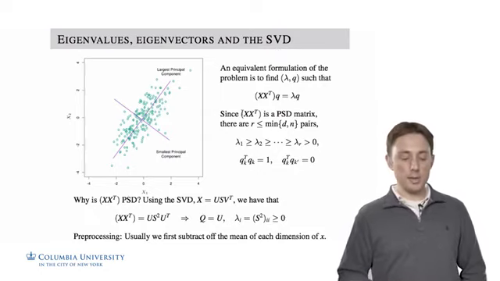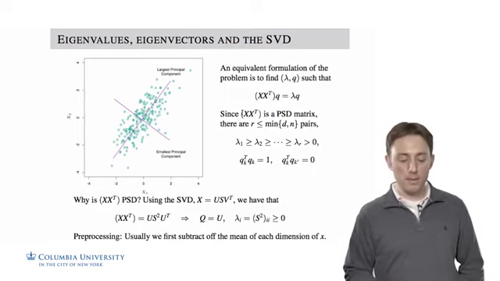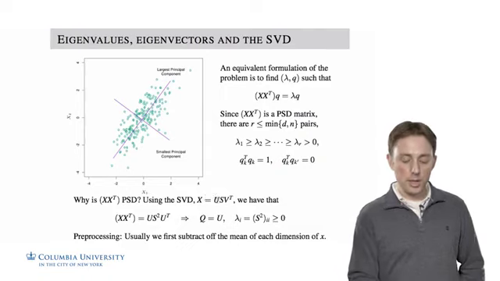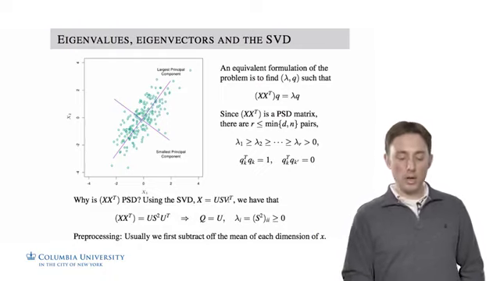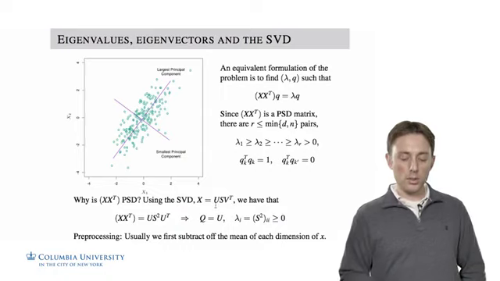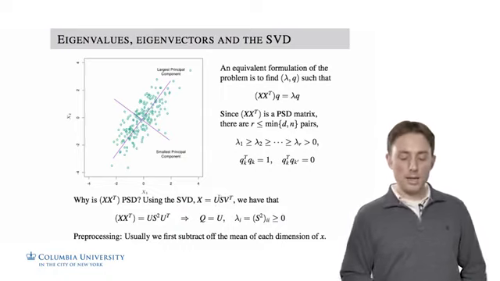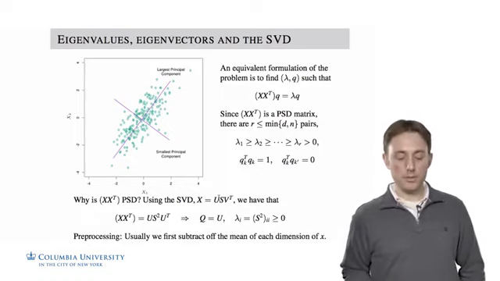Why is it positive semi-definite though? It's very easy to show actually using the SVD. We've seen how any matrix X can be broken down as a product of U, S, and V transpose, where U and V transpose are orthogonal, so the columns of U are orthonormal and the rows of V transpose are orthonormal, and S is a matrix that has non-negative diagonal values.